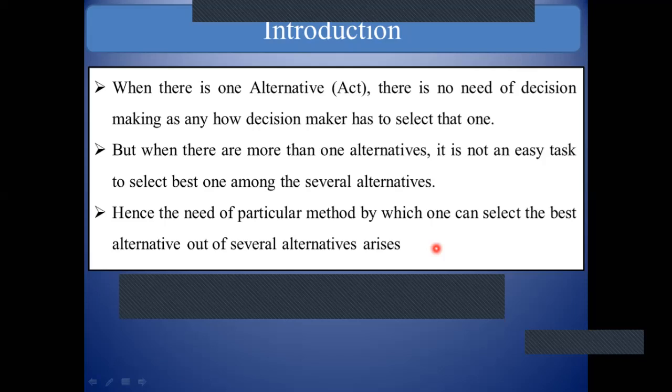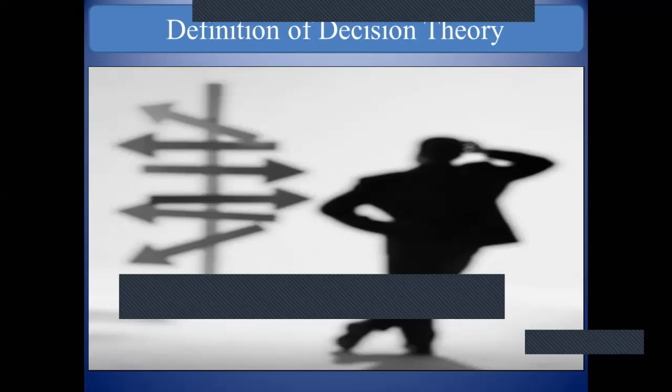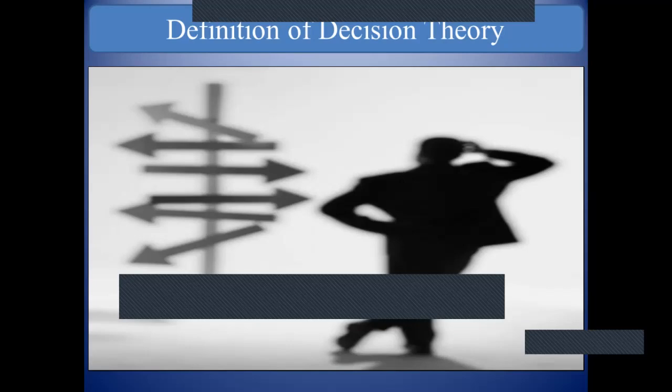Okay, so after getting the idea regarding decision theory, now we'll see why it is required. So please help this guy. I think he is in confusion. Might be he has some doubts in his mind. So if you have any knowledge, then please help him. Now see, in this picture you can see that he is looking at some arrows.